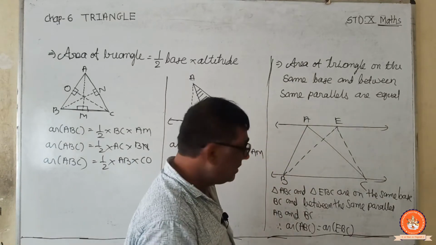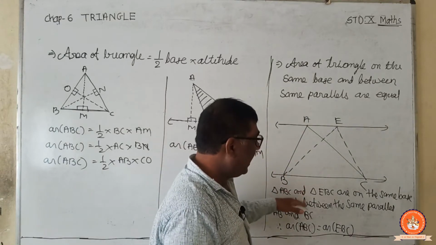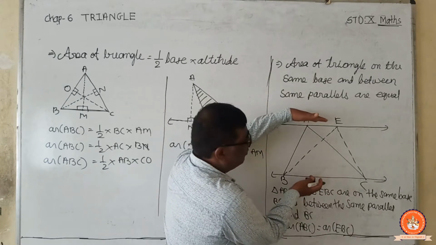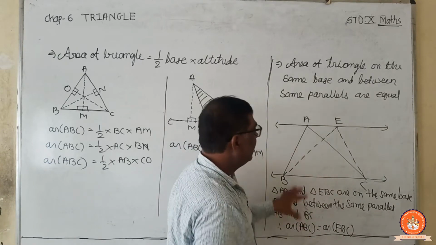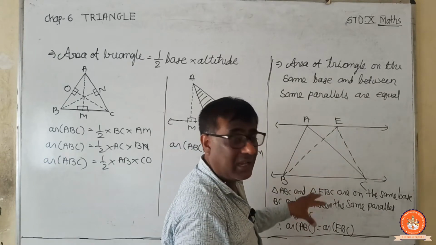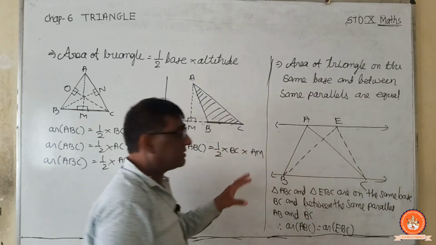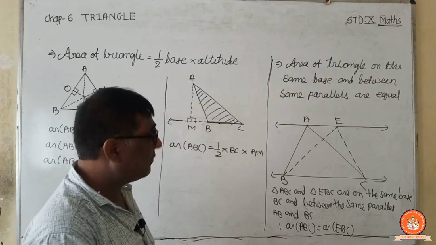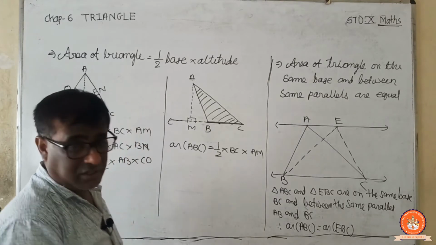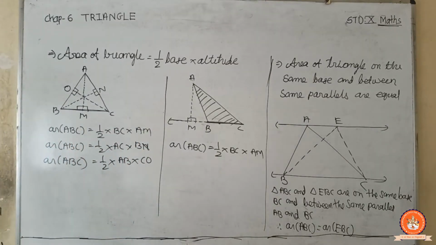If two triangles have the same base and they are lying between the same two parallel lines, then their areas are equal. So keep these two things in mind before we discuss the theorem. Very good.